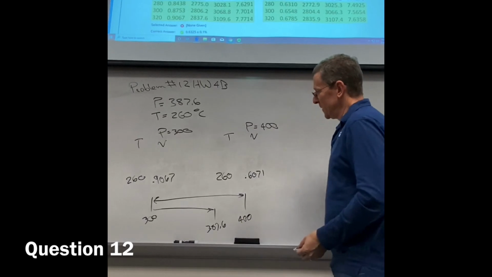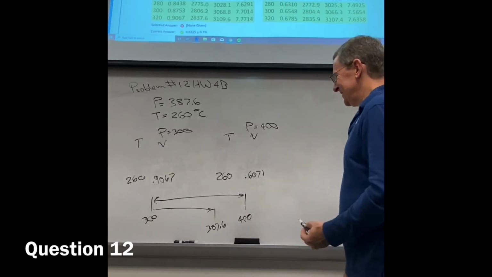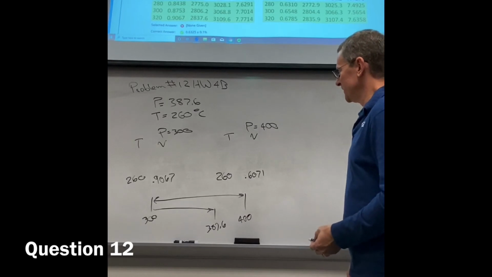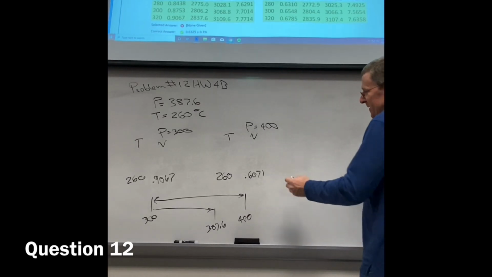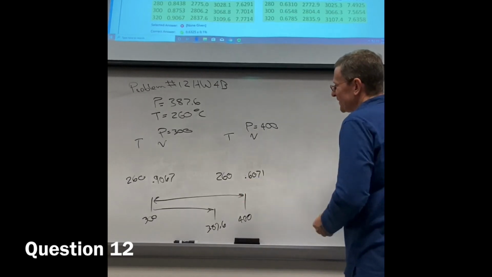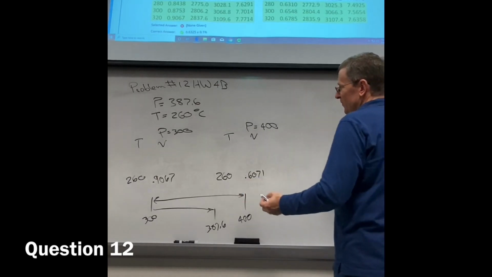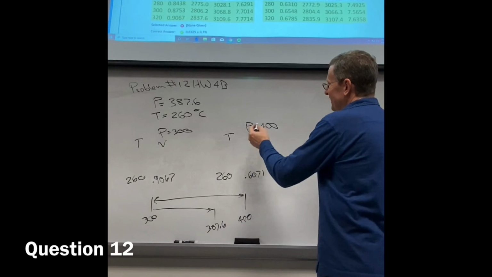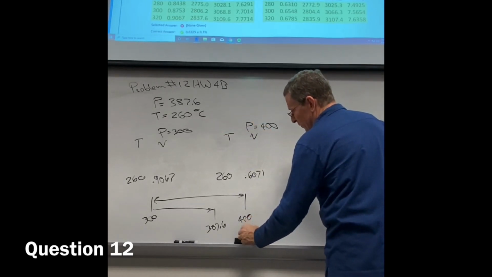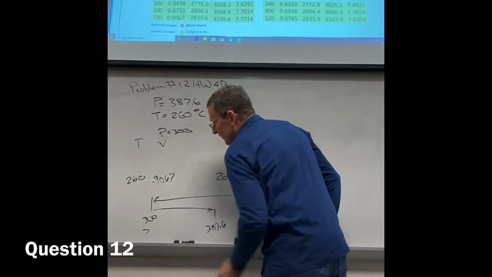So our value will be between those two pressures, so the specific volume will also be between those two values. Just like before, instead of upper and lower values, let's call it 4 and 3.